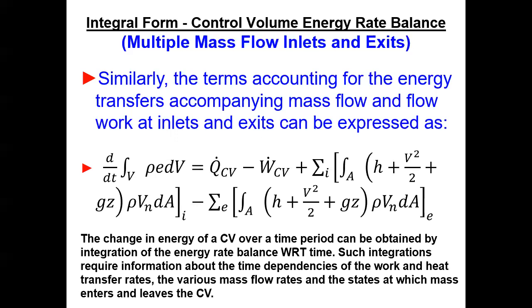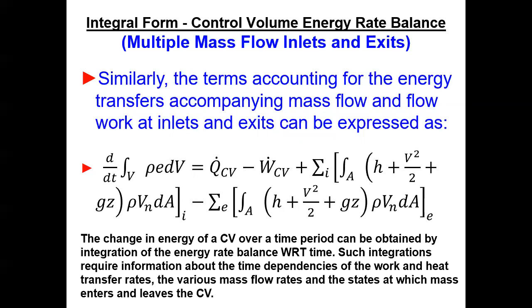So similarly, the terms accounting for the energy transfers accompanying mass flow and work at inlets and exits can be expressed as all of that. So on the left, you've got the rate of change of energy, and that little e is specific energy. So that's energy per kilogram. Then you've got density, so the density times the dV.